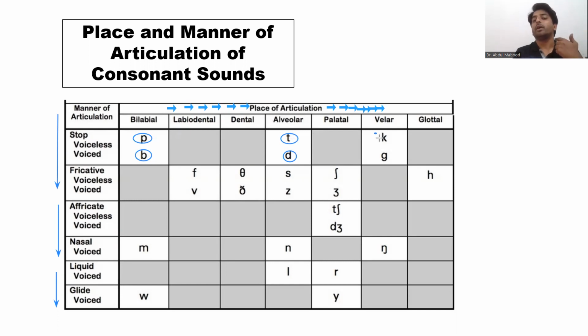Ka sound and ga sound are produced from that part, ka is voiceless and ga is voiced. Then we have the fa sound, labiodental, and then va. Labio means lips and teeth. So fa is voiceless and va is voiced.